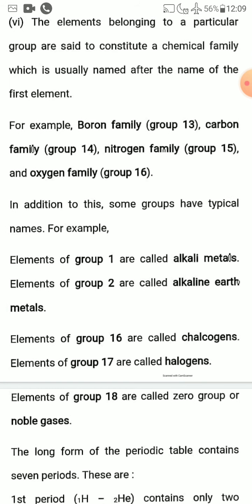Elements of group 16, the oxygen family, are also called chalcogens. Elements of group 17 are called halogens. And elements of group 18 are called zero group, noble gases or inert gases.